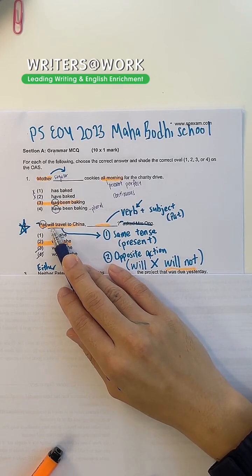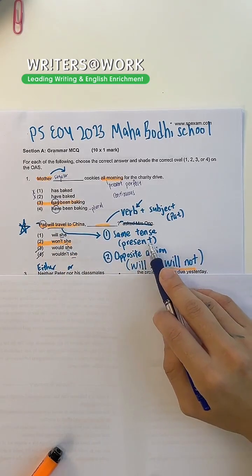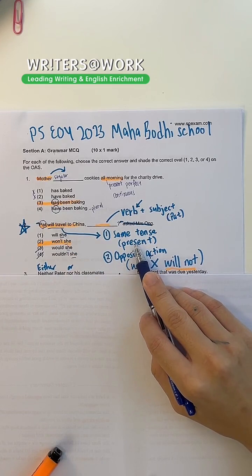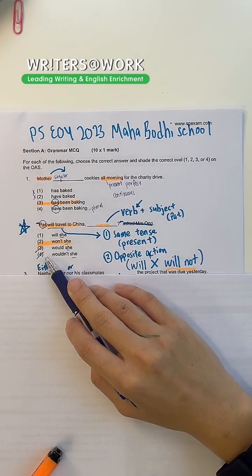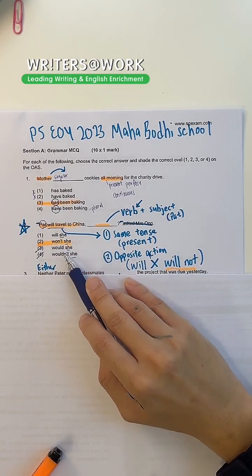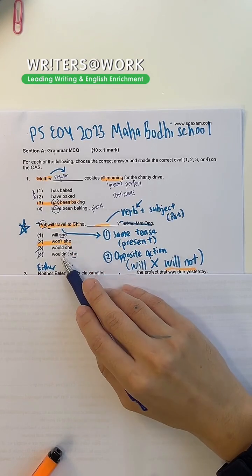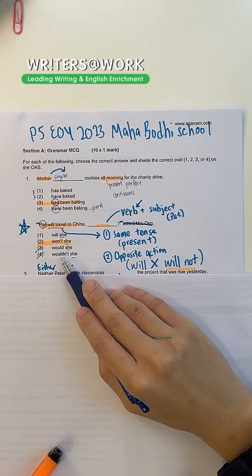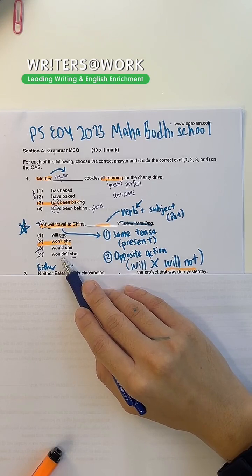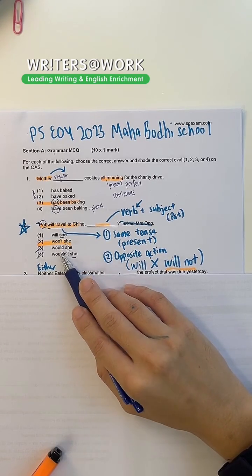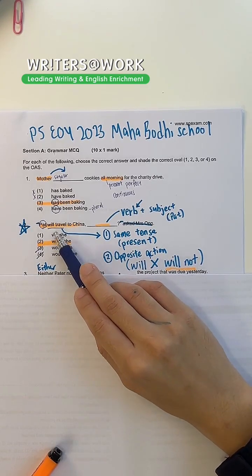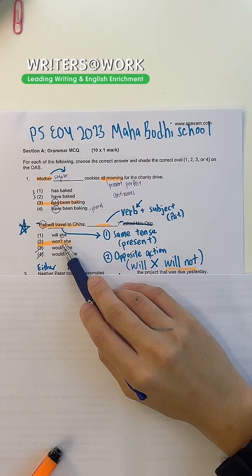Will is in the present tense, right? So we need to keep it in the present tense. Hence, we eliminate options 3 and 4 because they use "would." Would is in the past tense. There is a change of tense, and that is not what we want. So we eliminate them from our consideration. We just stick to options 1 and 2, will and won't, for the present tense.